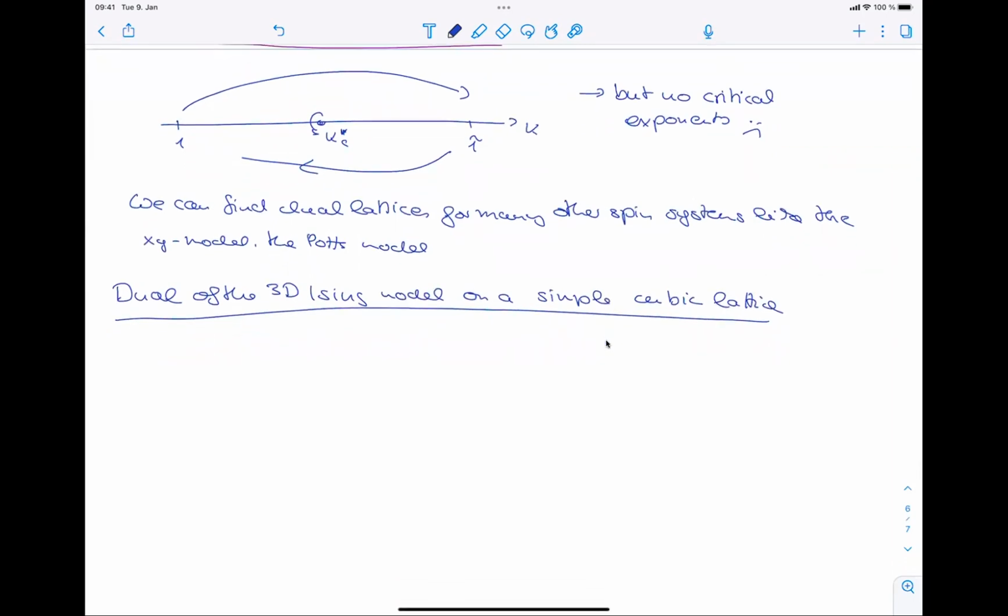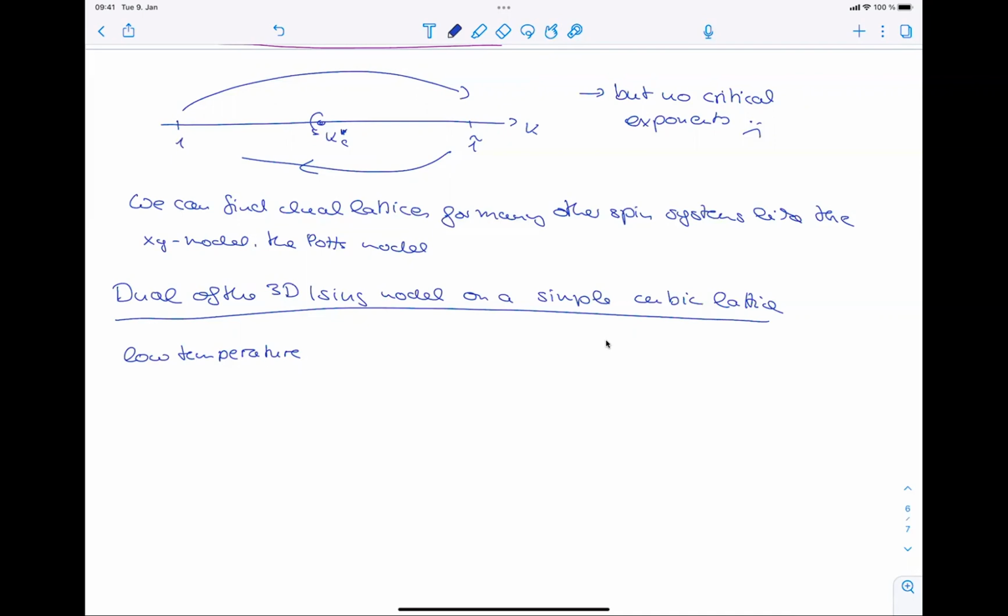So graphically speaking, let me start by giving you the expansions, the low temperature and the high temperature expansions, for the 3D Ising model. Still simple cubic, so like a square lattice in 3D.